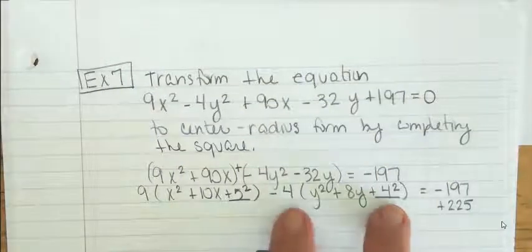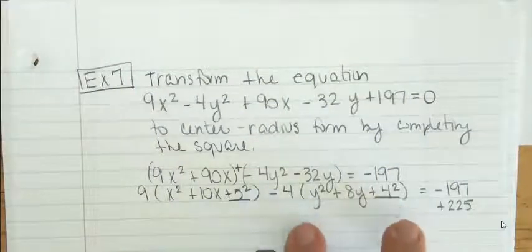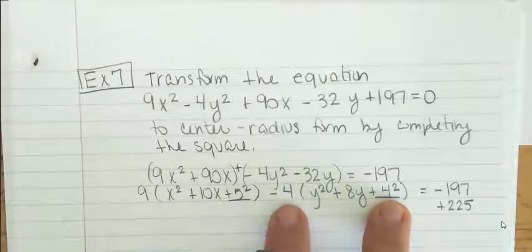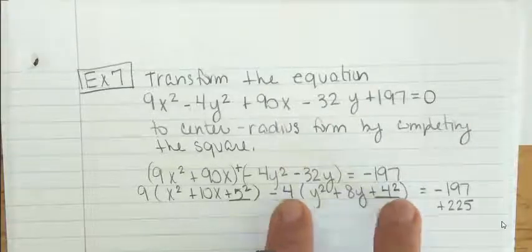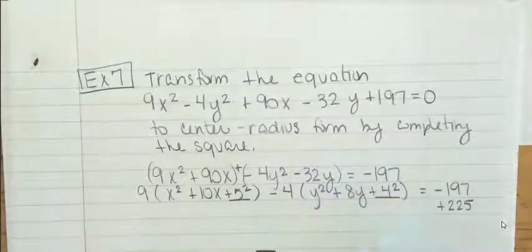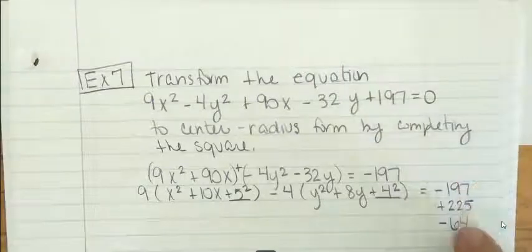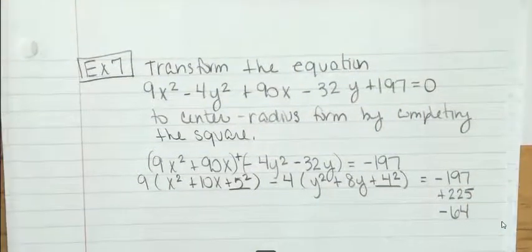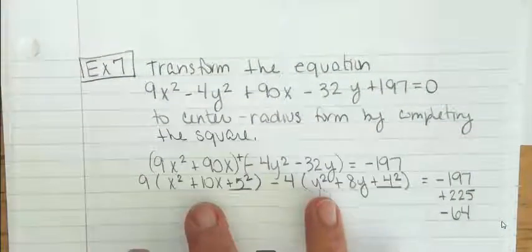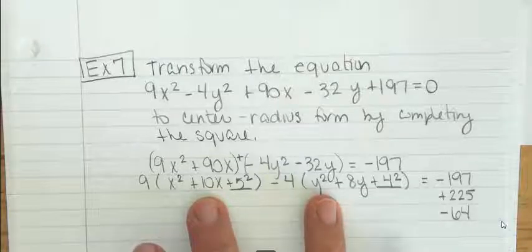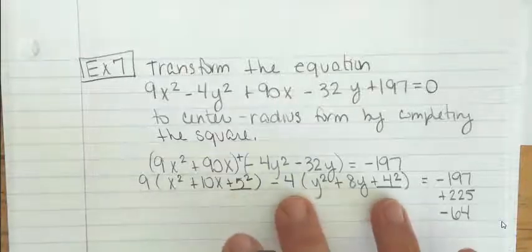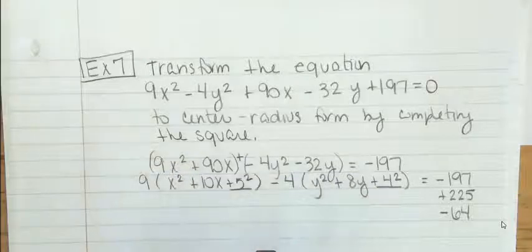And then I'm going to do the same thing here. That's 16, but times a negative 4 is a negative 64. So I've subtracted 64 from this side, so I need to subtract 64 from the other side. I'm out of room, so I'm just going down. Now I'm going to write each of these two terms as 9 times a square of a binomial.